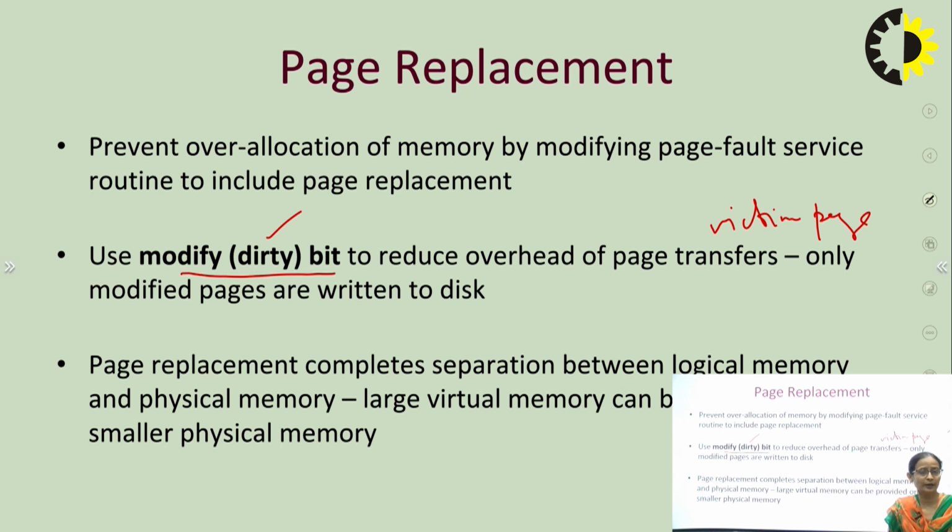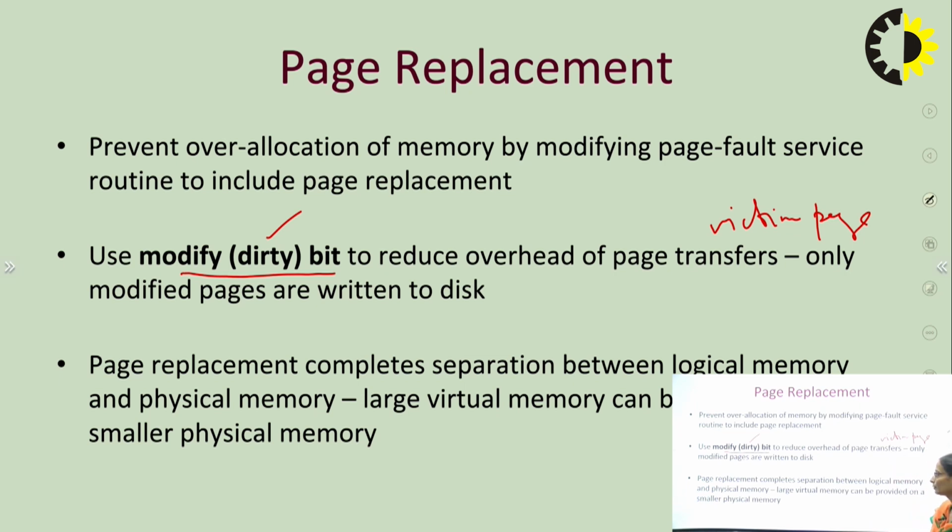So we don't need to page out this page. That is, no need for swapping out this page. We will bring the new page from the backing store onto this frame, that is, we are overwriting it. But if the modify bit is set, that is, the page has been modified, then we will go with the swapping process.